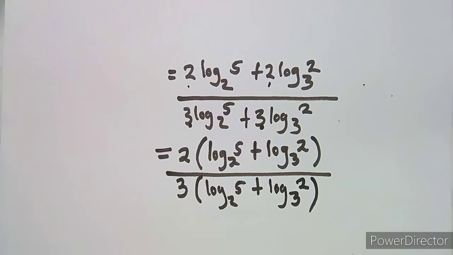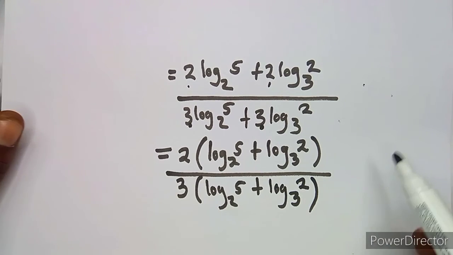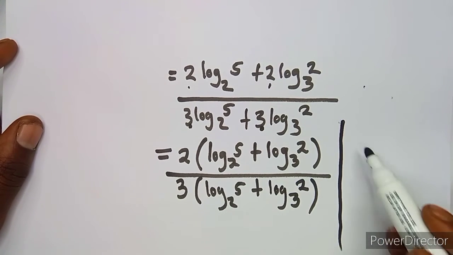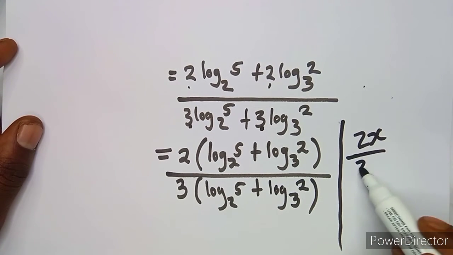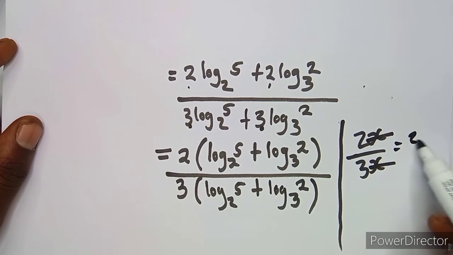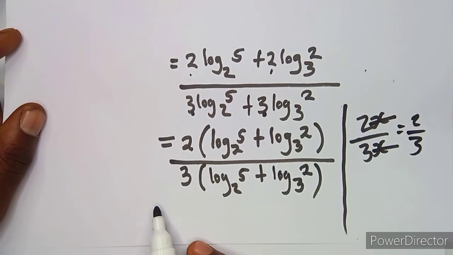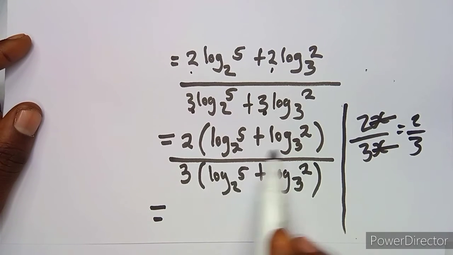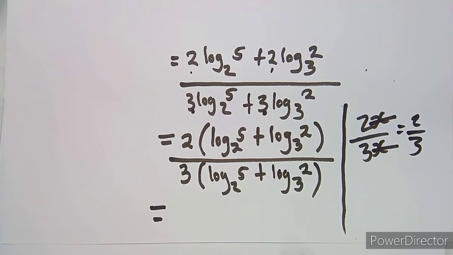So what's so important about this? All right, if I'm given something like this in algebra, guys, take note, I'm given 2x over 3x. These two are the same, they can cancel, so that I can be left with 2 over 3. So it is the same thing that is happening. This bracket and this bracket are the same, guys. Let's look properly.